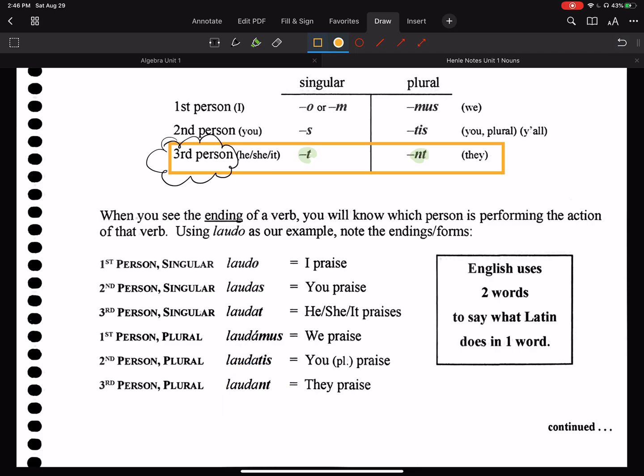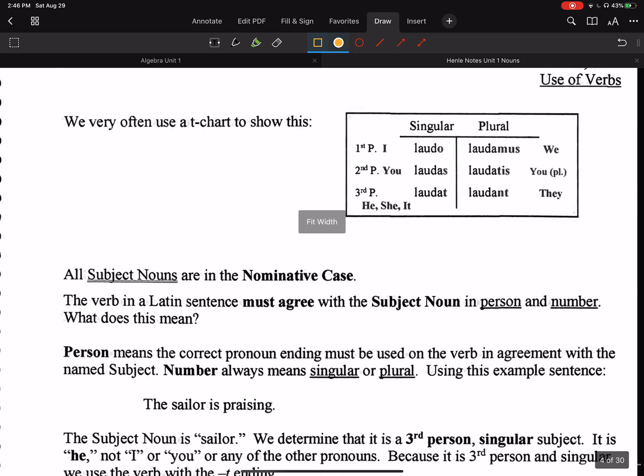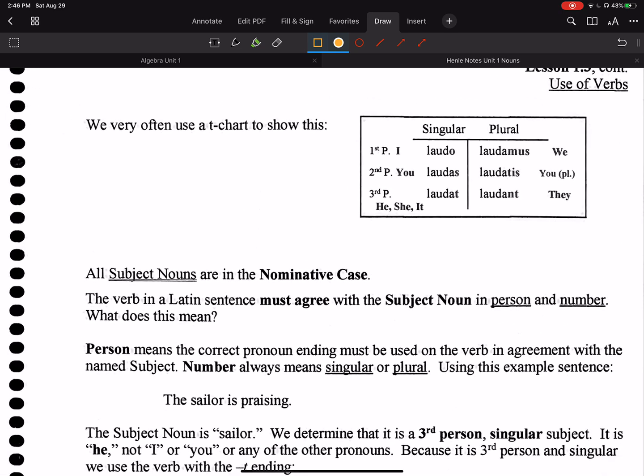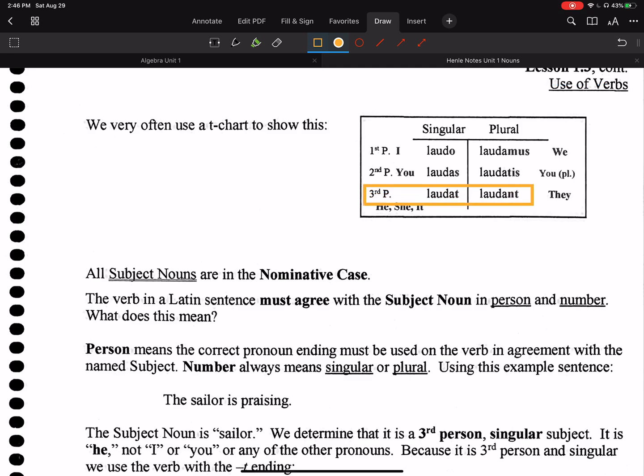This is just usually what the basic T-chart will look like when you're asked to memorize verbs. As I said, we are focusing only on this last row right there. And all of our vocabulary entries are going to tell you exactly how to translate this. How are we going to use these verbs to help us make sentences with the nouns that we already know? This is where it gets fun.